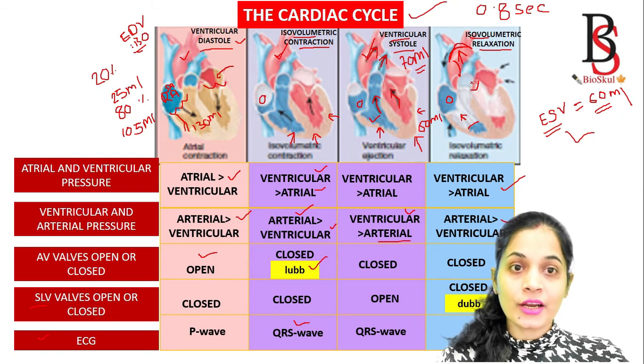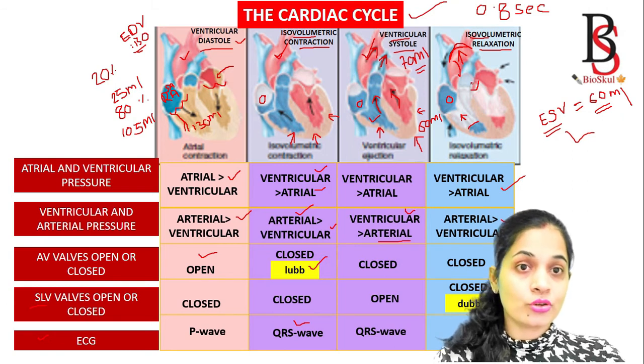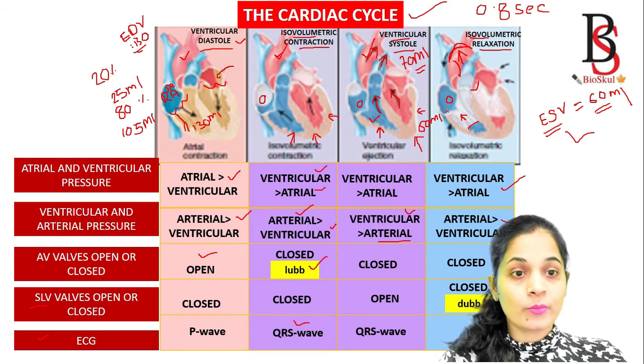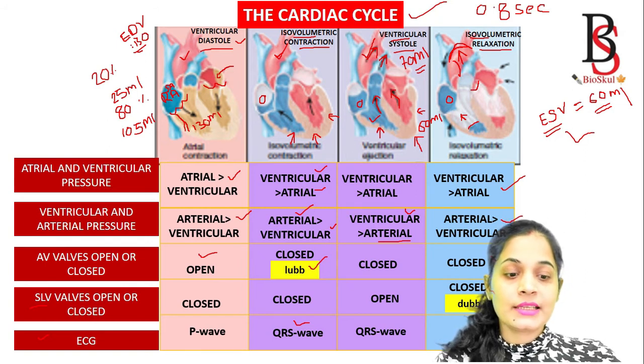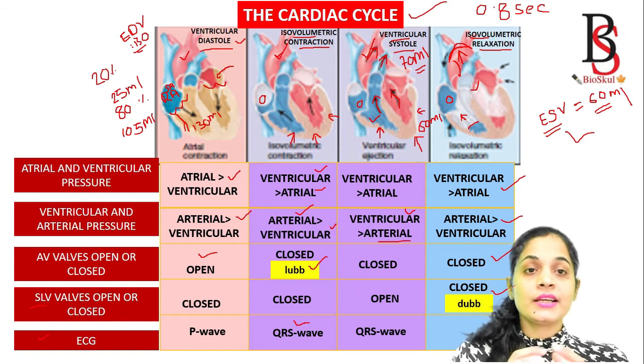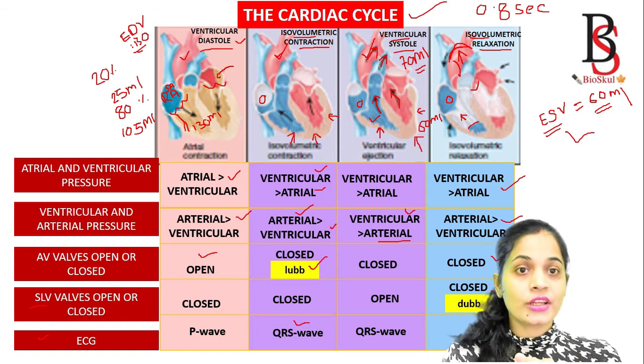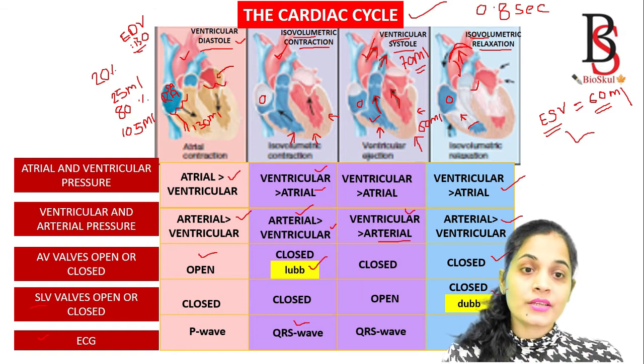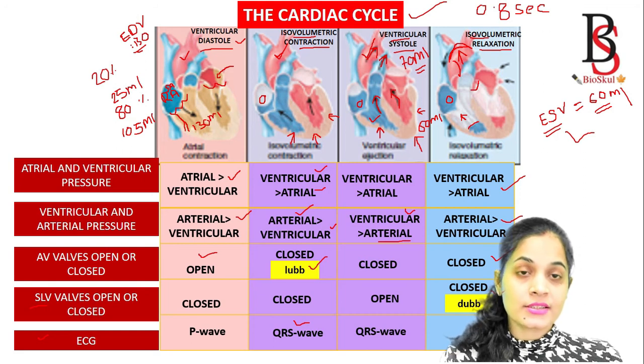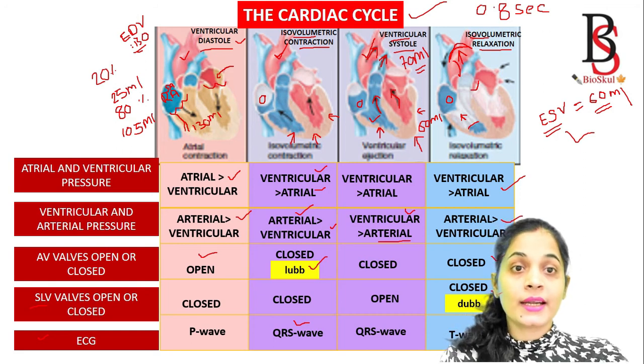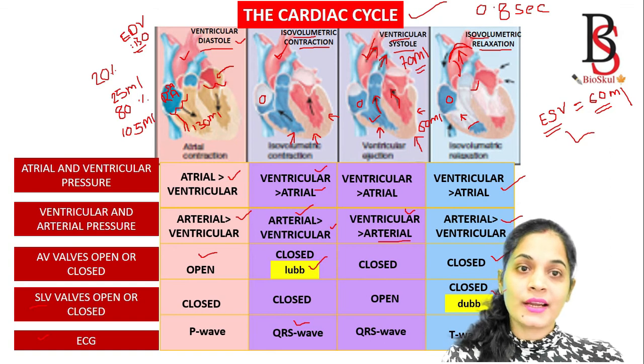Blood cannot enter back into the ventricles because of the presence of valves which allow the flow of blood in one direction. And in this phase, the ventricle is in the relaxation phase or in repolarization. When the ventricle is in the repolarization state, it will form the T wave in the electrocardiogram.